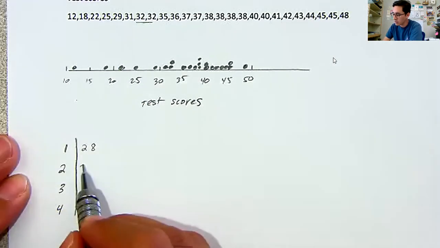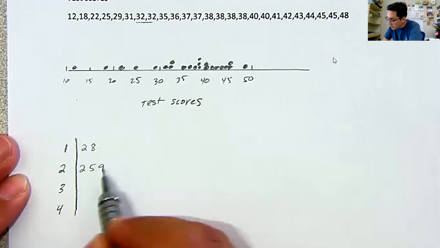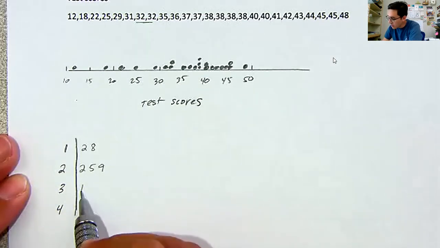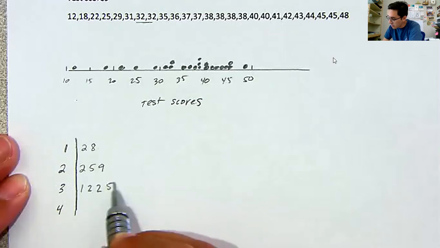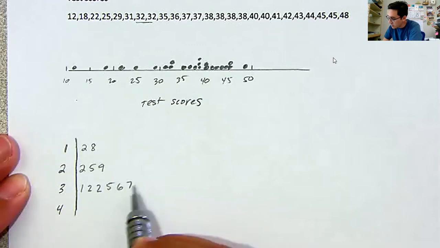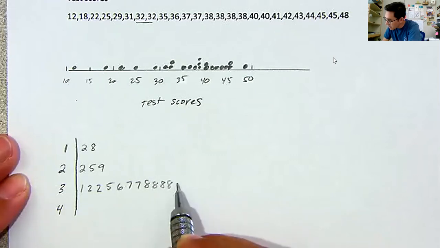Okay, 22, 25, 29, 31, 32, 32, 35, 36, 37, 37, 38, 38, 38, 38.